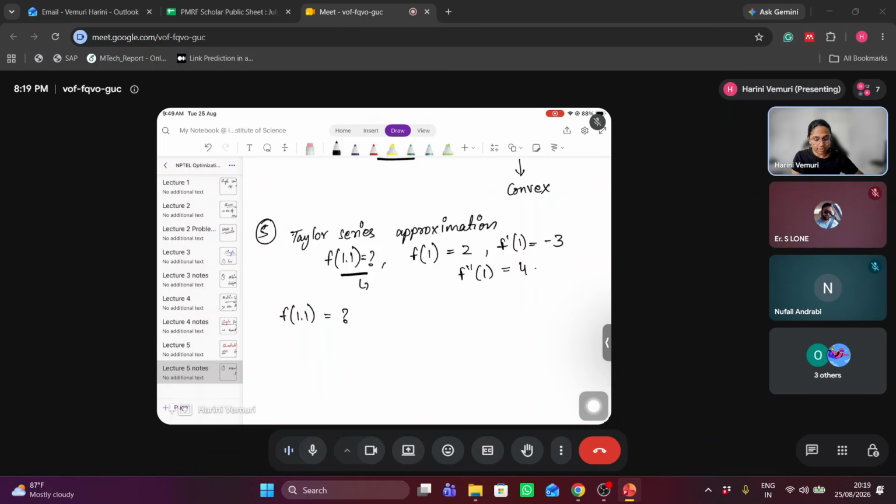Your approach is correct. Just think, 1.1 represents what in that function? Is 1.1 x naught or x1?